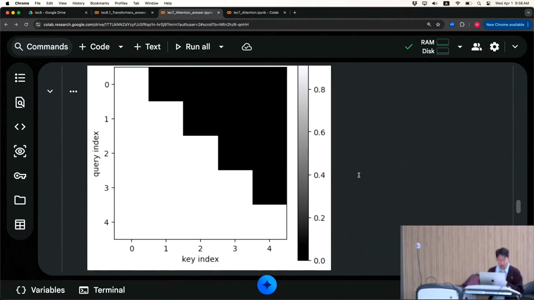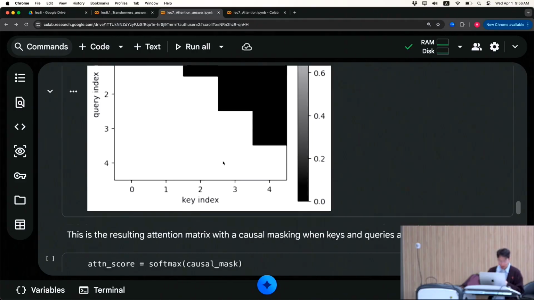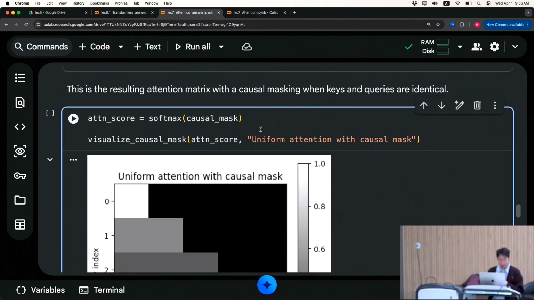Given this mask, why is it okay to set it to negative infinity?